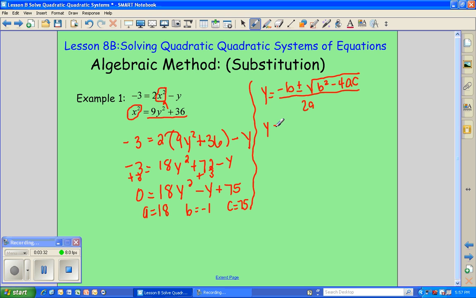Okay, so y equals 1 because it's negative, and then b is negative, so those two negatives make a positive, plus or minus the square root of b squared. Well, -1 squared is going to be 1, minus 4 times 18 times 75 all over 2 times 18.